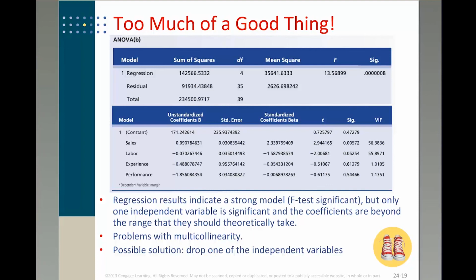In that situation, the possible solution is to drop one of the independent variables. That's really the best thing you can do. And which one to drop? Well, that depends. Typically, we're going to drop the less important one and keep the one that's important. In particular, if there are several variables that are highly correlated and you're trying to determine which one to drop, you should always keep the ones that you're interested in.